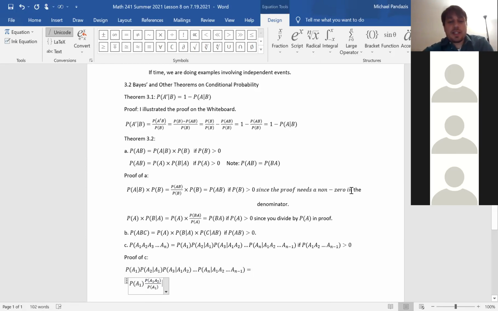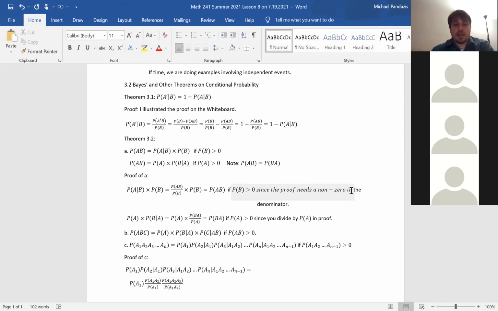Now next, for probabilities, it doesn't matter the order of the events if you're intersecting them, right? So this is the probability of A1, A2, and A3, divided by the probability of A1, A2. Okay, so maybe you can see the pattern now already. These terms are canceling.